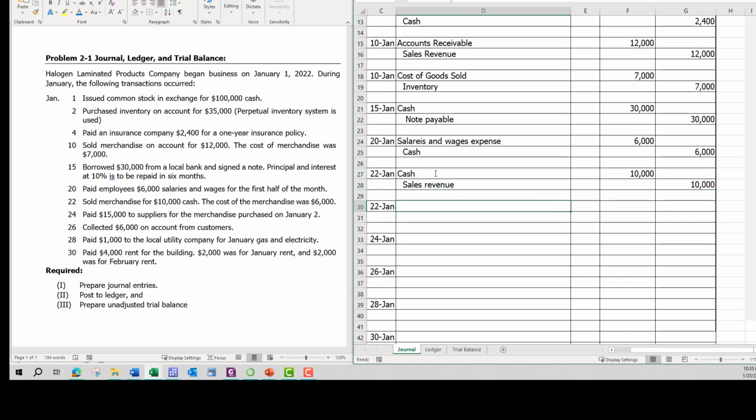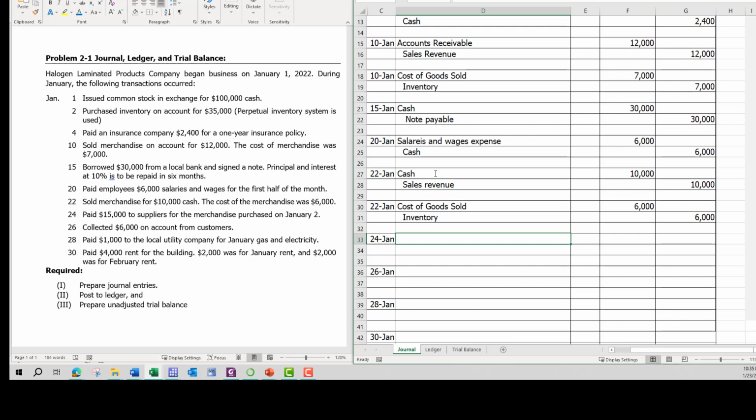And definitely we have to record the cost of goods sold. The cost of goods sold was 6,000. And definitely the credit would be inventory, correct?